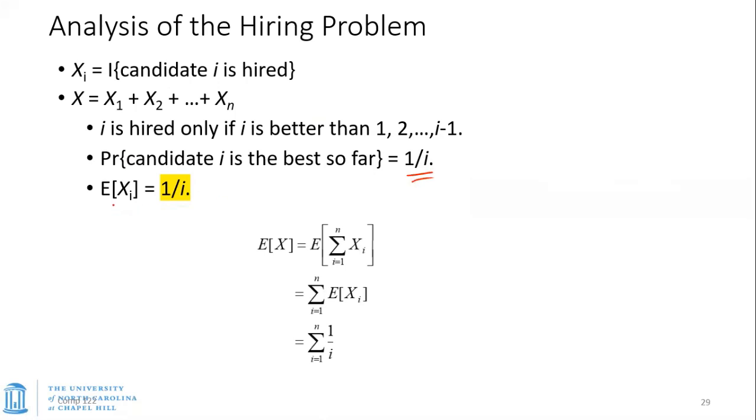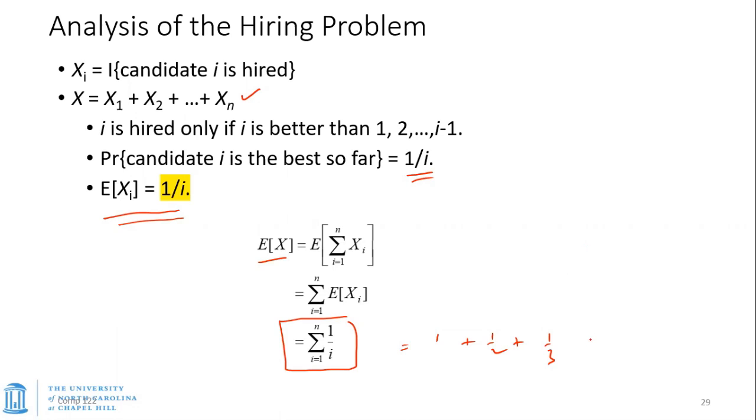Now we need to calculate the expected value of X. The way we're going to do that is to say that X is simply the summation of each one of these indicators. So we're taking this summation: 1 plus a half plus 1 upon 3. This is what it would be if there were 3 candidates. If there were 4 candidates, you would simply do 1 plus 1/2 plus 1/3 plus 1/4.